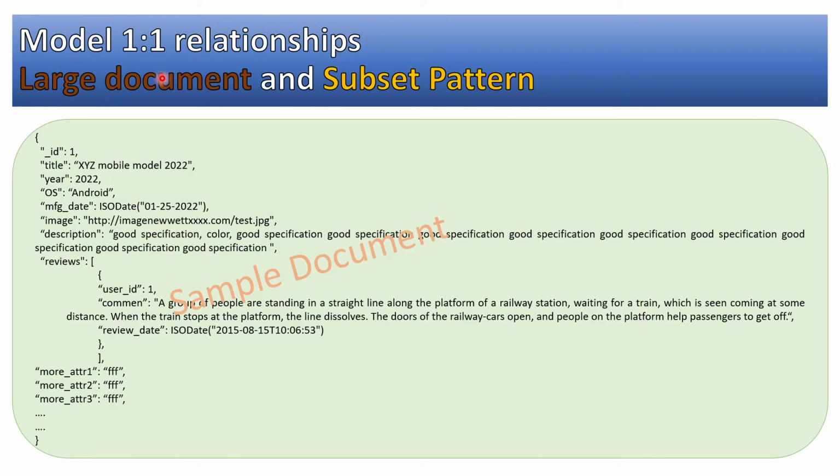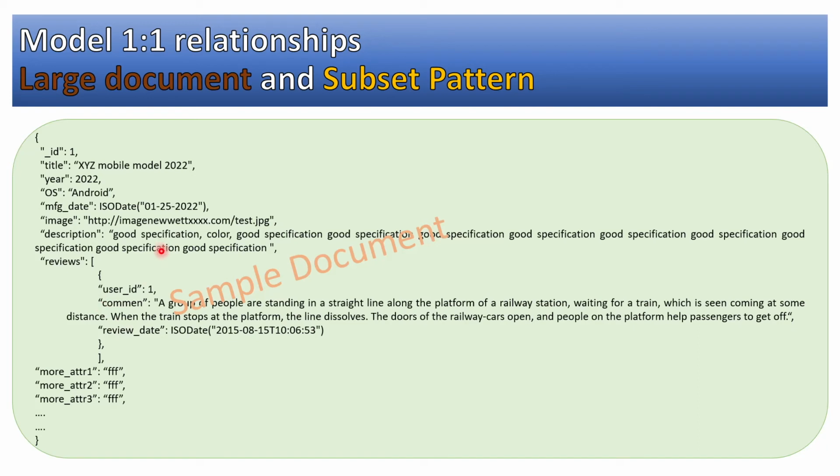So this is the large document here, modeling one-to-one relationships using the embedded document style. I'm going to introduce the subset pattern. This example shows that data in a single document may grow very large.